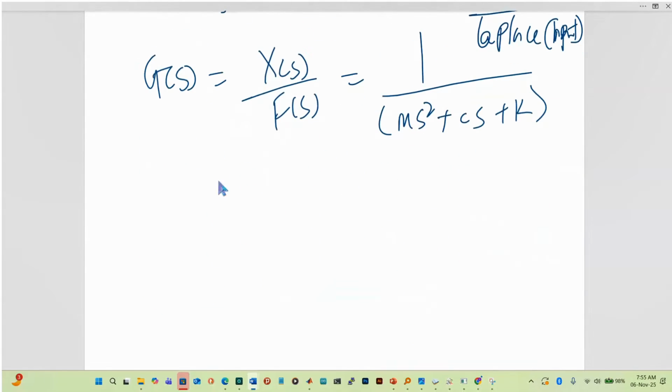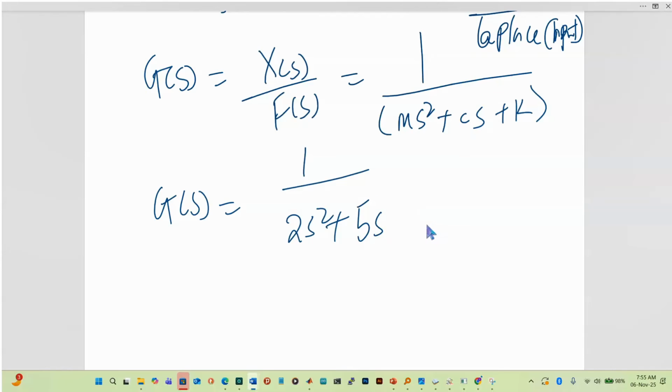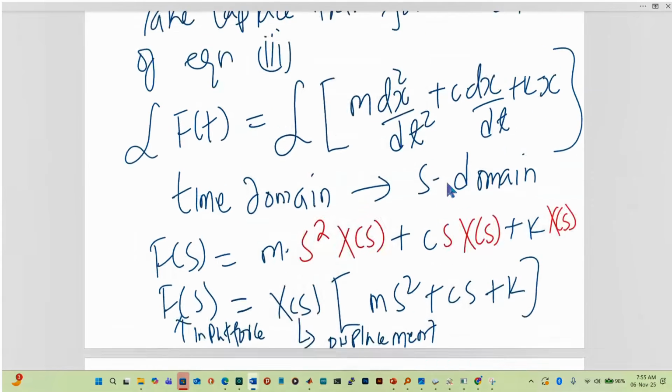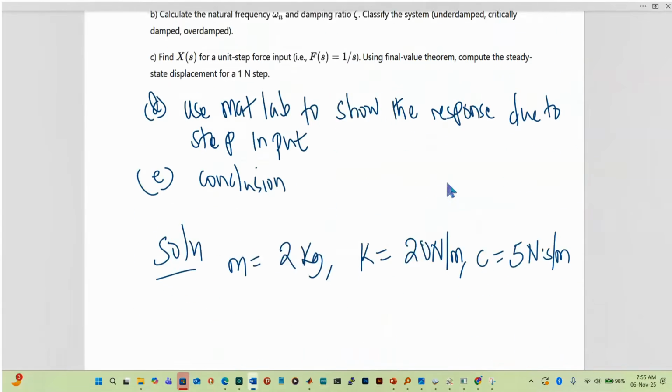So that is our transfer function. If we substitute in the values, it becomes 1 out of 2s squared plus the damper coefficient, which is given as 5, times s, then plus the spring constant, which is given as 20, as we can check above where they were given.